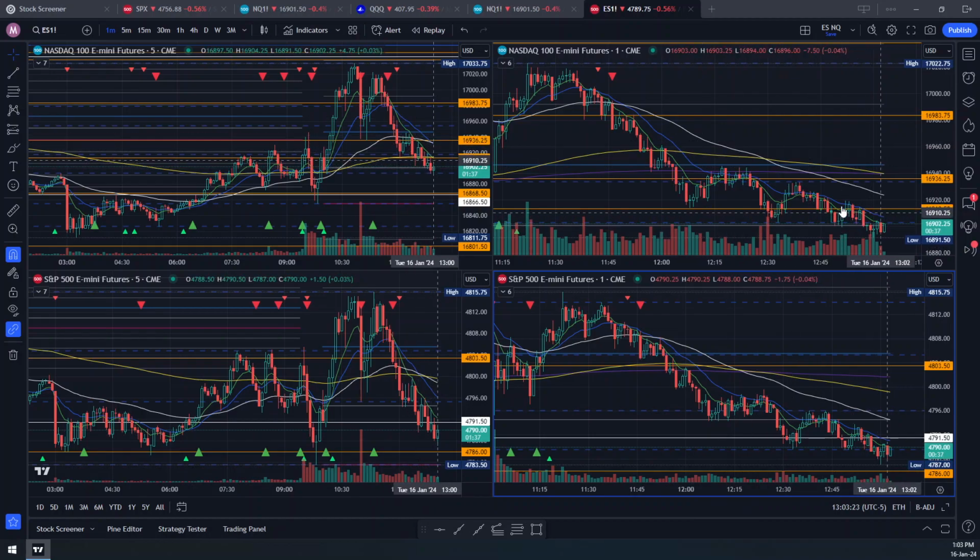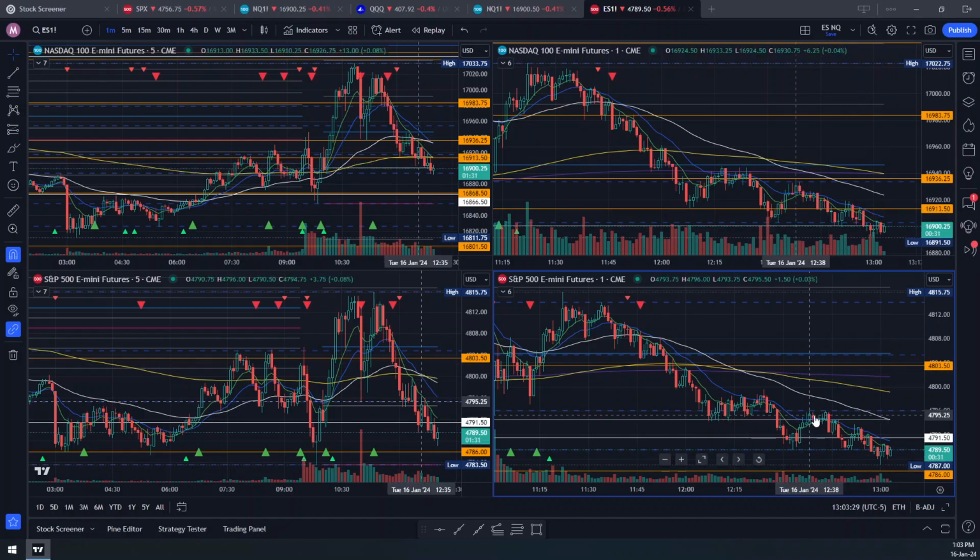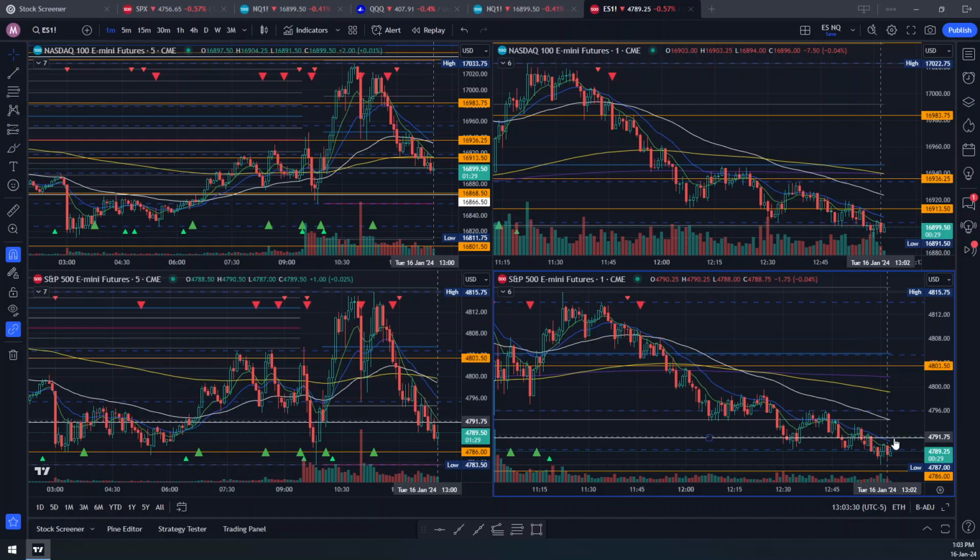Every time NQ goes up to the 20 EMA, it's being pushed down. Same with ES on the 1 minute chart, it goes up to the 20 EMA and is pushed down. So that is something we are looking at here. We want to see another fail of that.